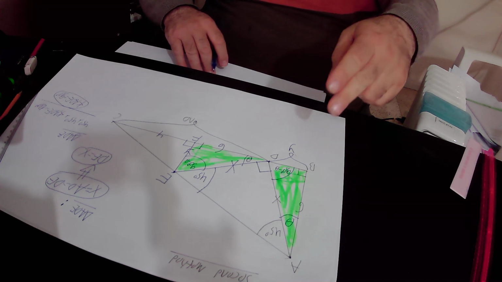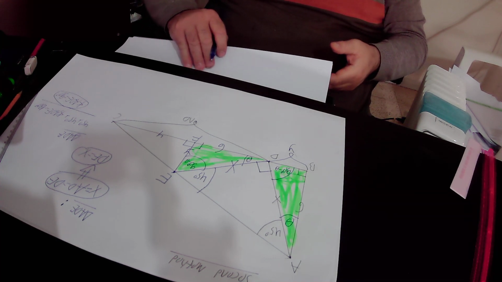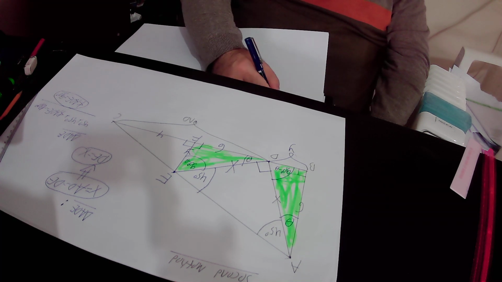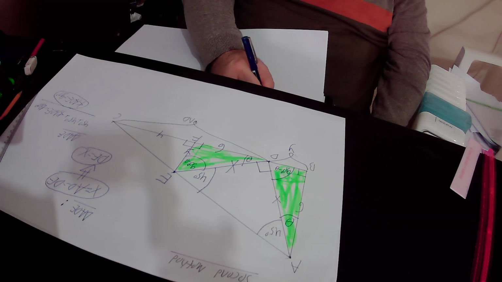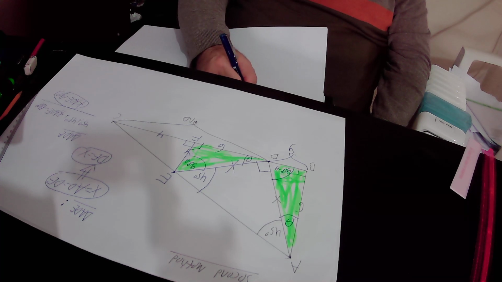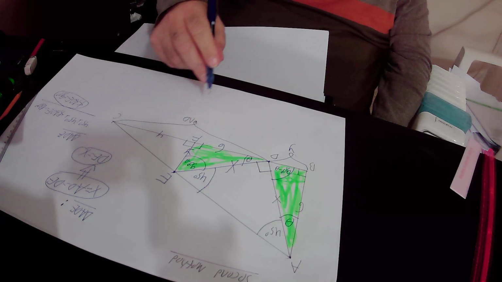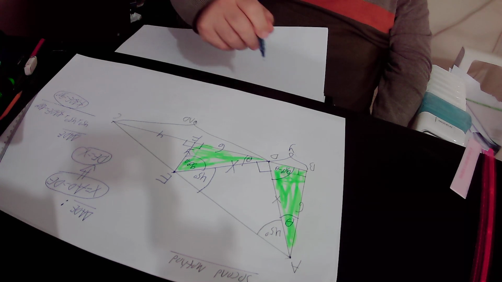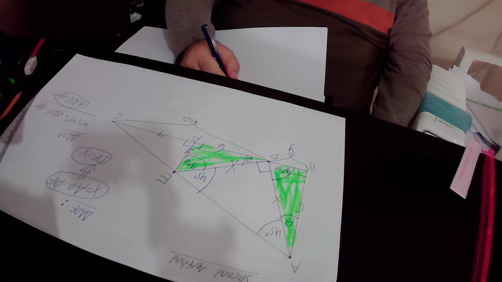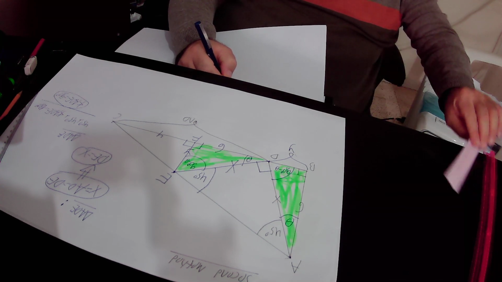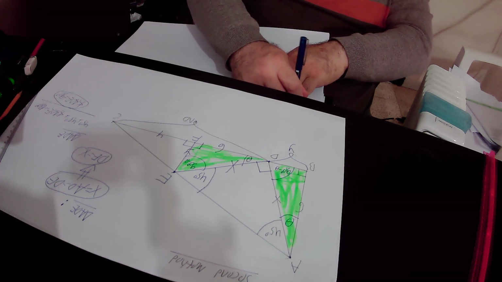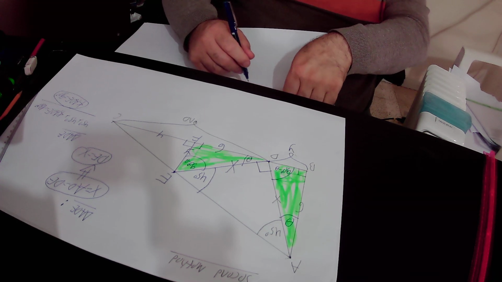So we'll focus on the right big triangle, triangle ABC, and the right small triangle, triangle EFC, and we will prove that those two right triangles are similar to each other. So why are those two right triangles similar to each other?